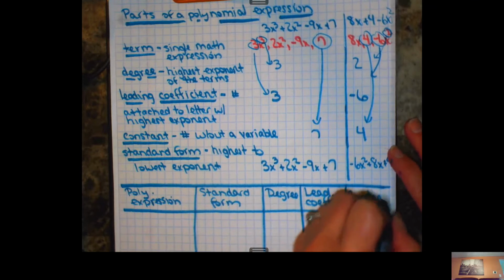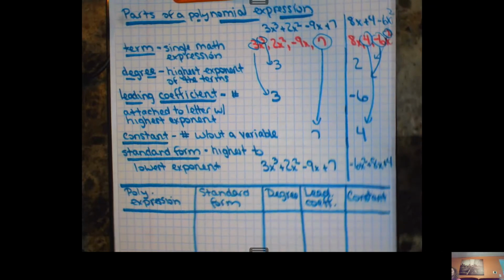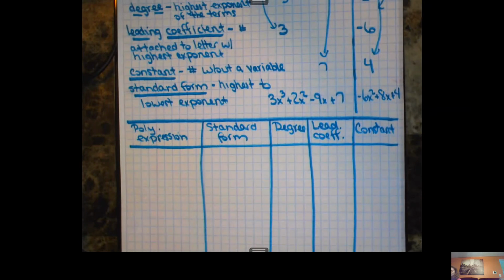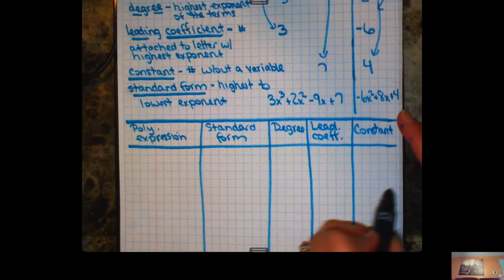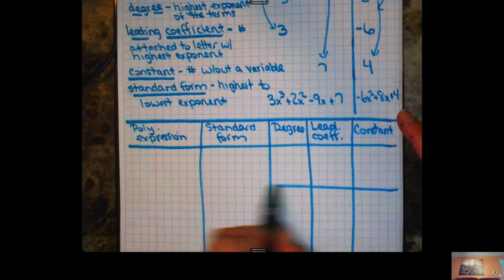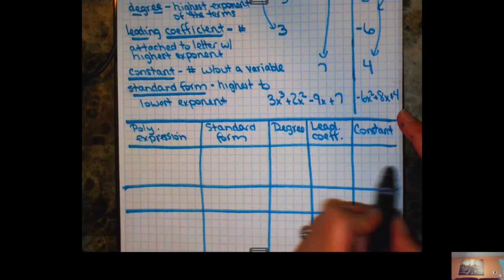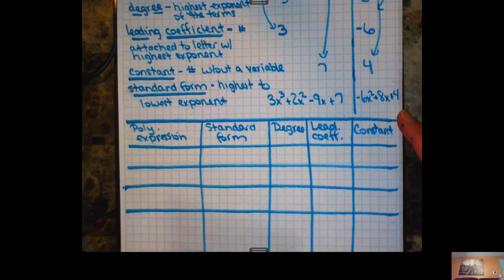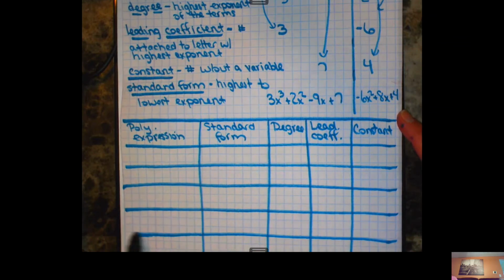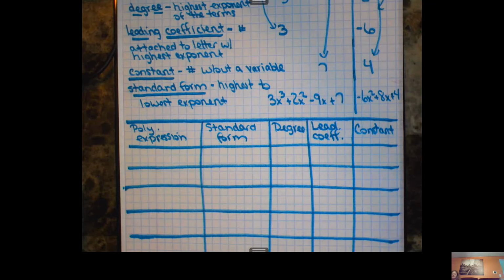We're going to do 5 examples and then we're done. So if you want, take this and divide it into 5 spaces. Just so you get the idea, this will be like our classwork.